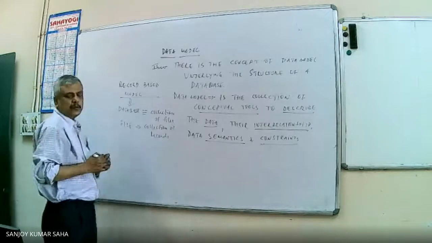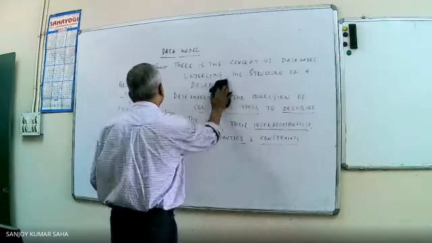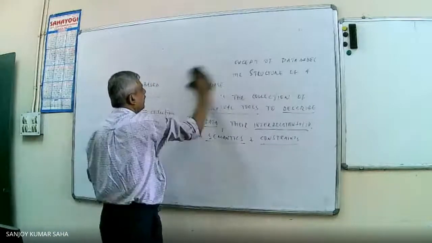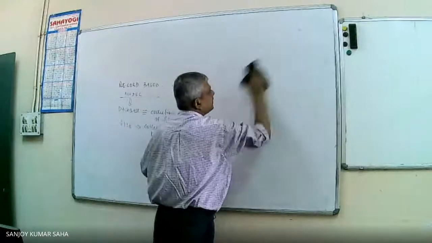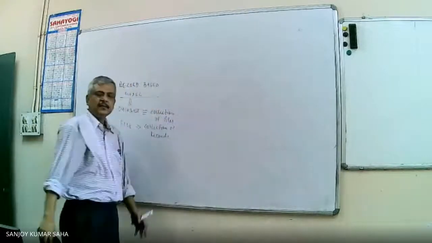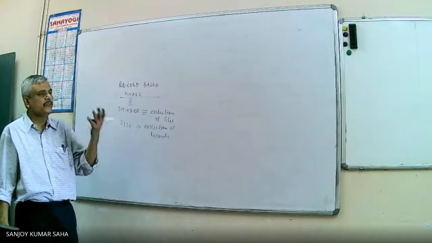So we are also habitually thinking in that manner whenever we have worked with high level languages. We have considered, say, student is a file, result is a file, subject is a file, faculty is a file. In the files we have so many records, etc.